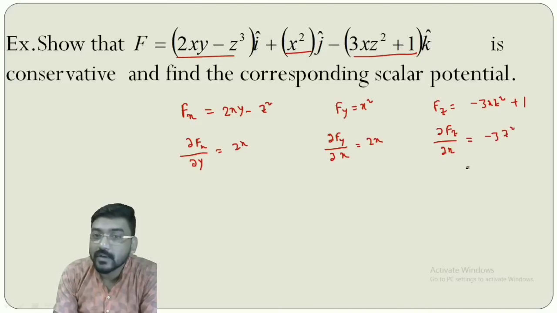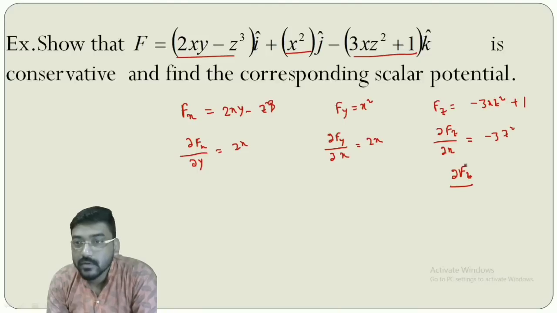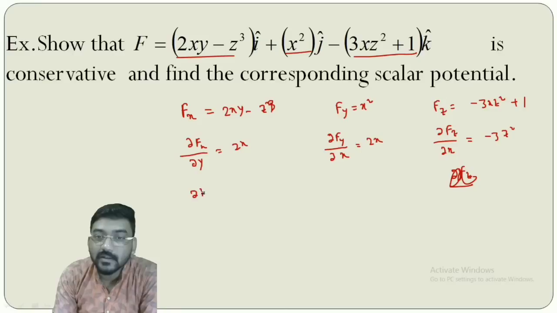And here if you find out del fx del z, then you will get minus 3z square.